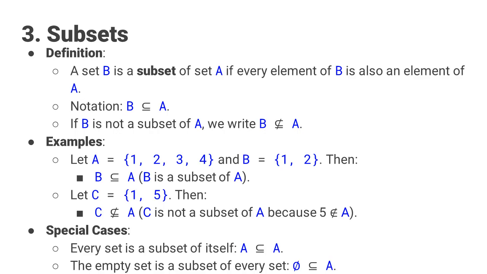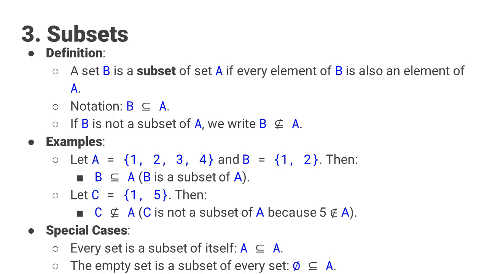Let B be a subset of A. So a set B is a subset of A if every element of B is also an element of the set A. Notation: B ⊆ A. If B is not a subset of A, we write B ⊈ A. So we use these symbols: one for denoting that B is a subset of A, the other for saying that B is not a subset of A.